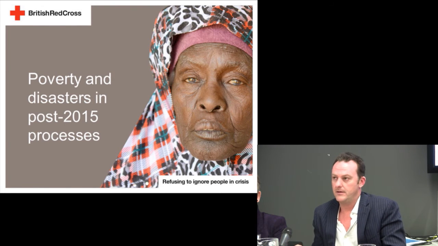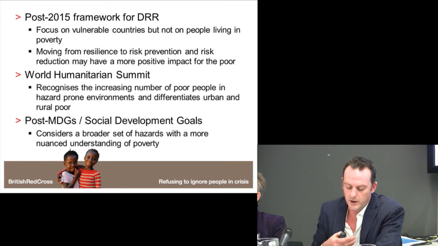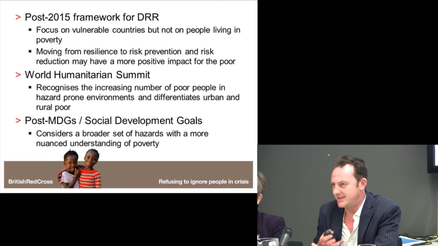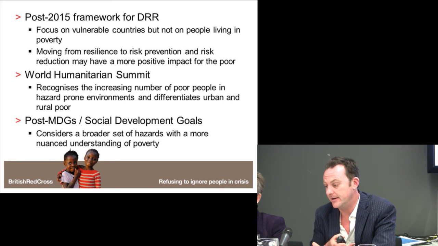So what I would say is that none of these issues are particularly well dealt with in the post-2015 disaster framework. They're not dealt with in any of the frameworks that are coming up in the next few years. They're not dealt with particularly well in the Sustainable Development Goals.